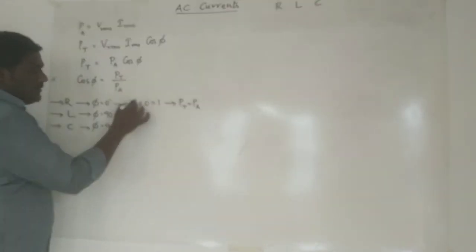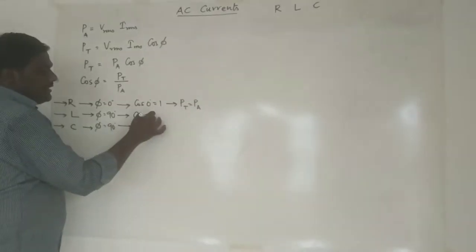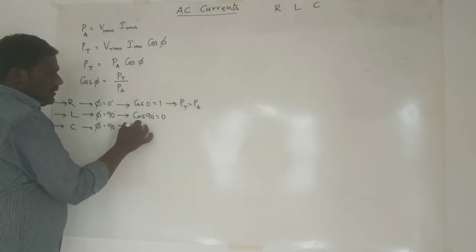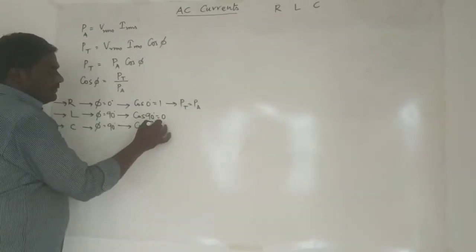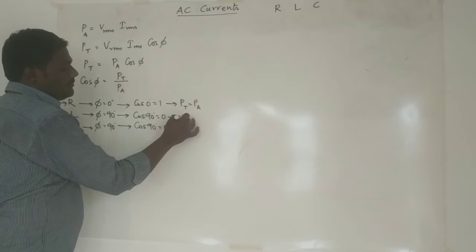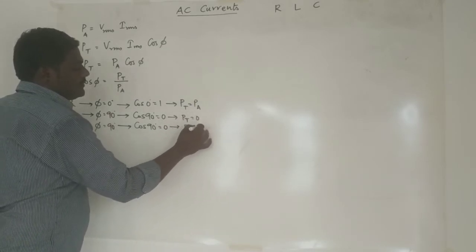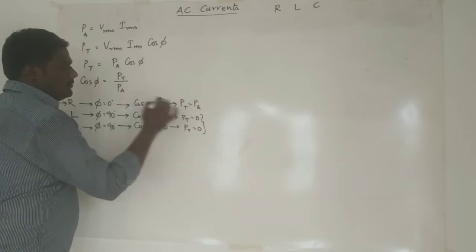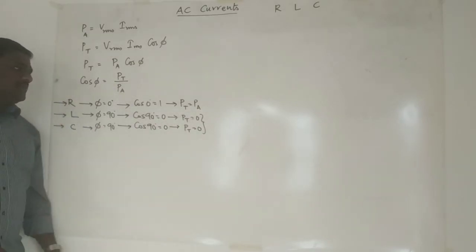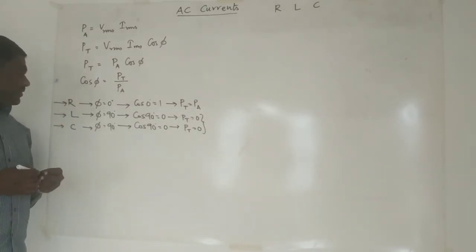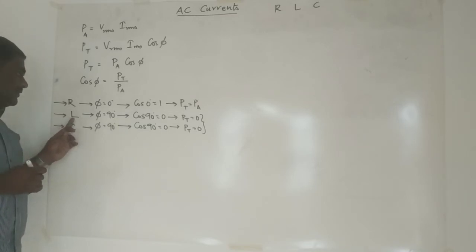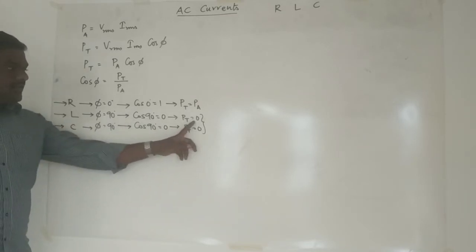Now substitute the same thing. What is cos 90? 0. Again here cos 90 is 0. Now what does it mean? True power is equal to 0. Here also true power is equal to 0. Just to make a small notice here: in the case of a pure inductor or pure capacitor, true power is 0.